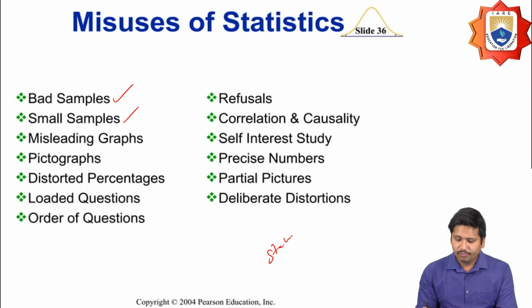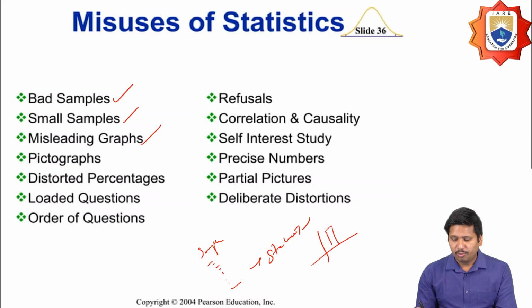In order to perform statistics, if I collect only a limited number of samples, that is not efficient for any kind of application. And misleading graphs, the graphs which are not represented properly due to bad samples and small samples, are not effective for representing the visualization of the data either.